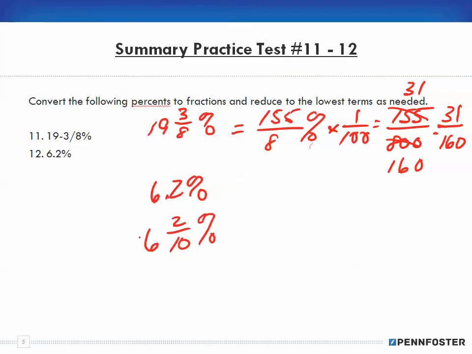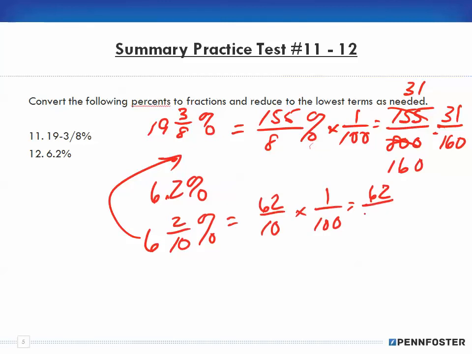And we're back to doing what we were doing with the previous problem. Okay, so that's 10 times 6 is 60 plus 2 is 62 over 10. And we multiply by 1 over 100, because remember that's still a percent. So we multiply by 1 over 100, and we get 62 over 1,000.